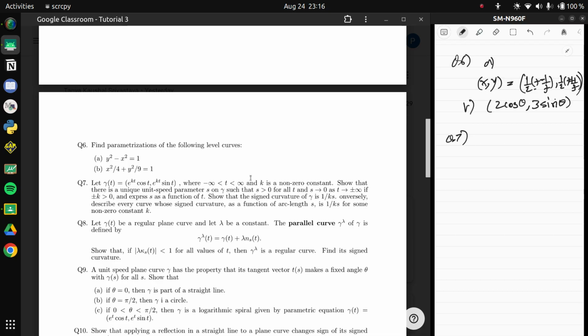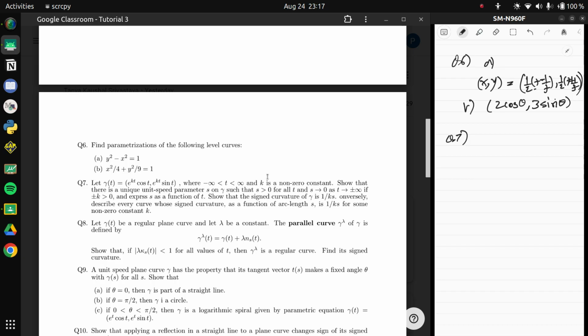Show that there is a unique unit speed parameter s on gamma, so reparameterization in s such that for all t s would be bigger than 0 and s approaches 0 as t tends to plus minus infinity, and express s as a function of t. So the sine curve of gamma is just this stuff.